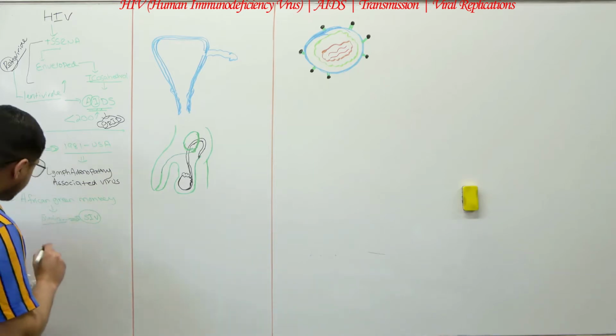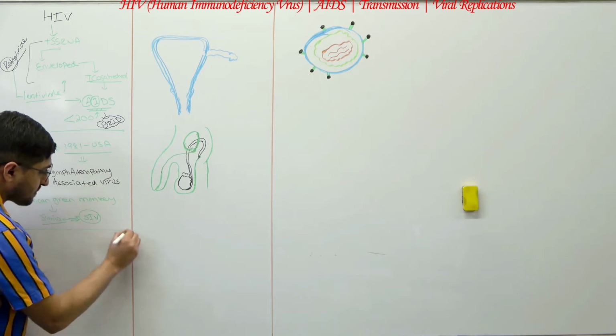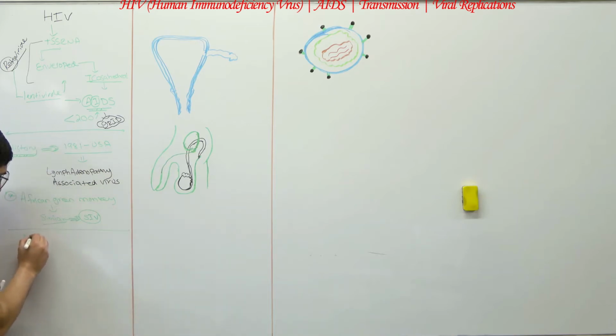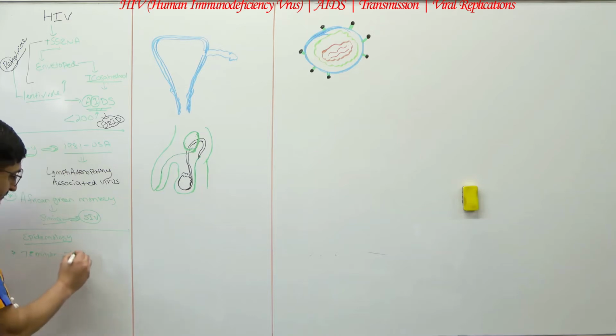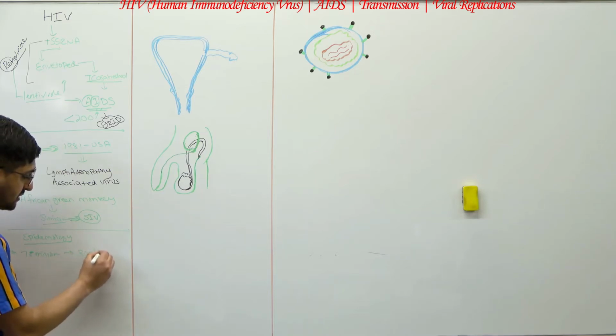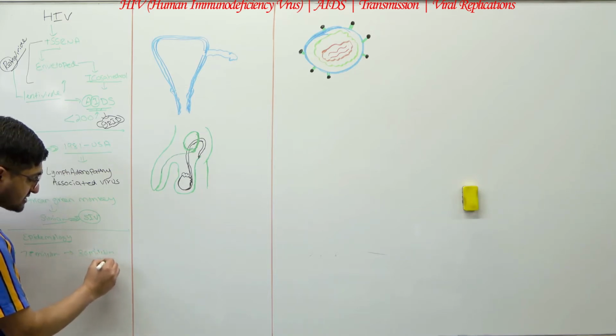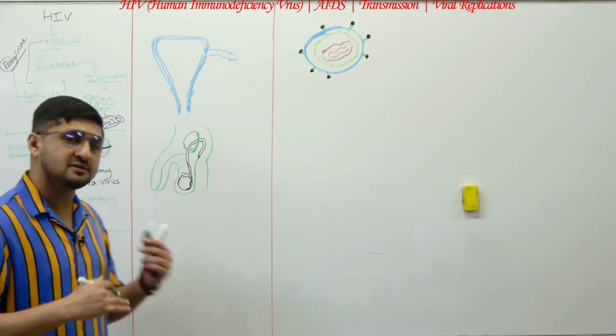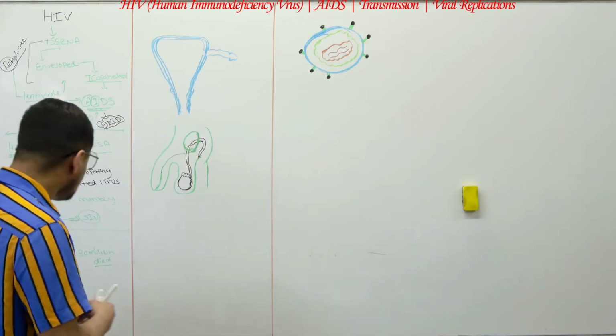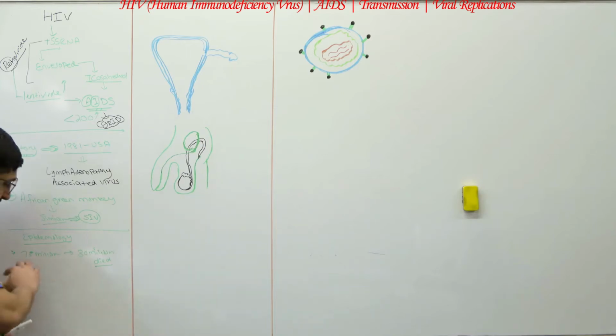Now, after this, let's talk a little bit about the epidemiology. The concept of epidemiology is that since the 1980s, about 75 million people have been infected by HIV. Out of that, more than 30 million people have died since the epidemic started in 1980. That's a huge number of people who have died over the years.